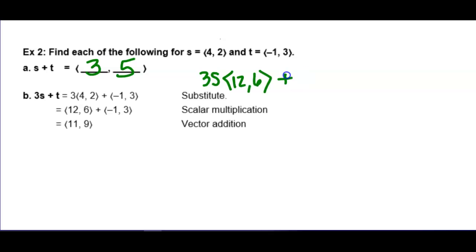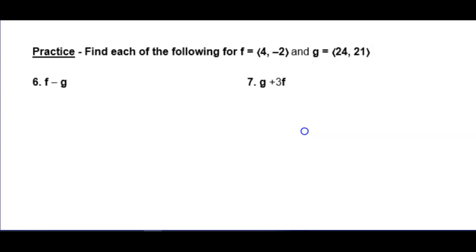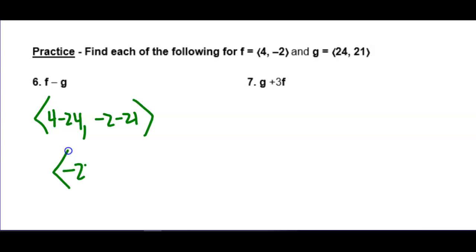And then you're supposed to add the vector T, which was -1, 3. 12 and -1 is 11. 6 and 3 is 9. Okay, this is easy stuff. All right, F minus G would be 4 minus 24 and -2 minus 21. I'm just showing work here, but it's -20, -23.